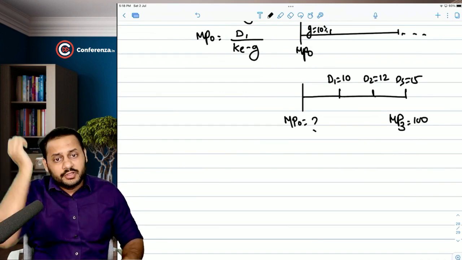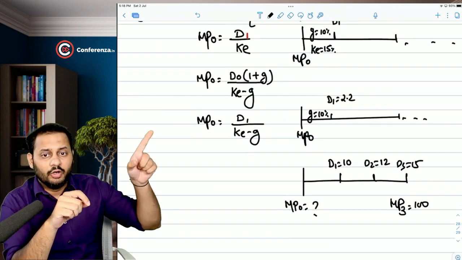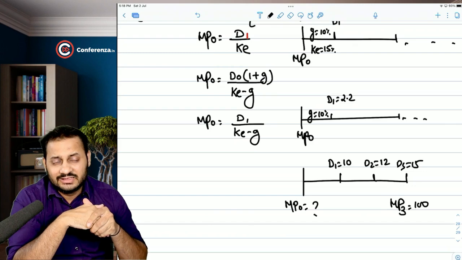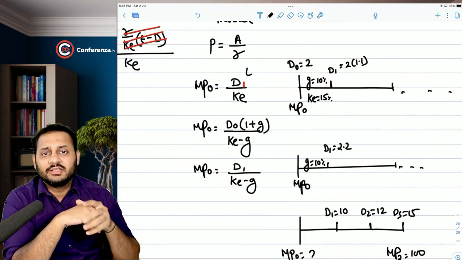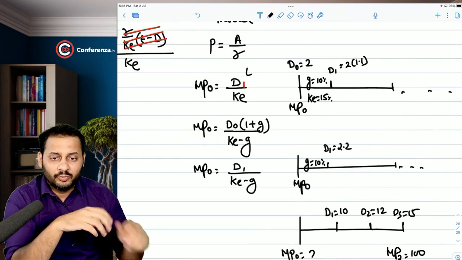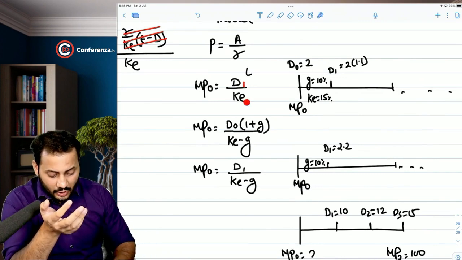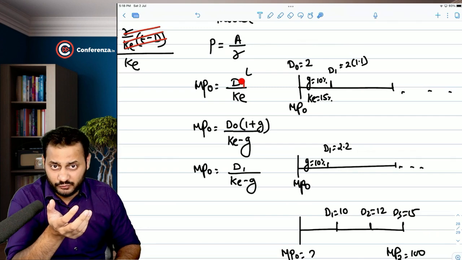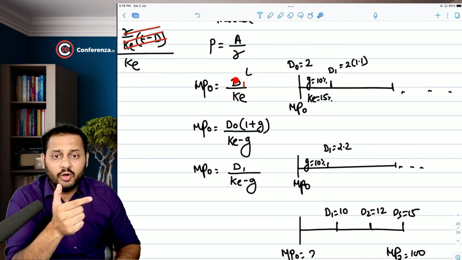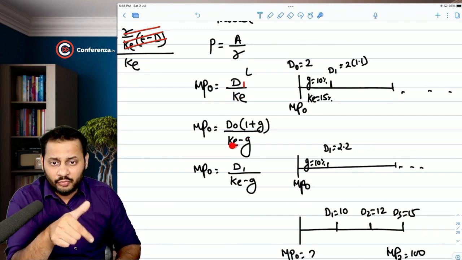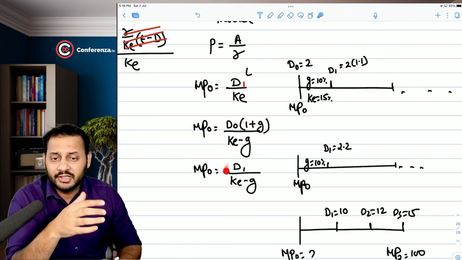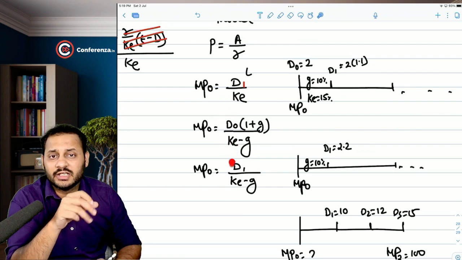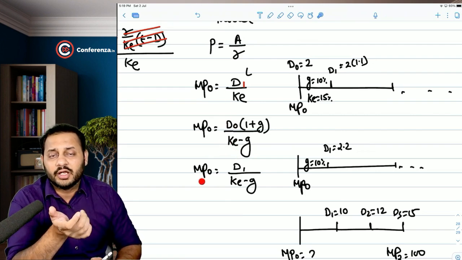For that purpose, you need to understand the logic of these formulas. Whenever you write the perpetual formula, it says that we are discounting all the future dividends. It means all the future cash flows have been discounted in order to arrive at the market price.